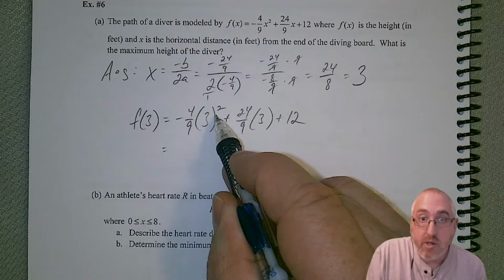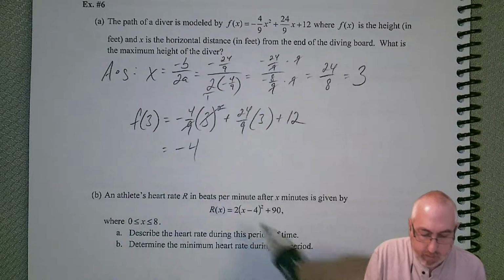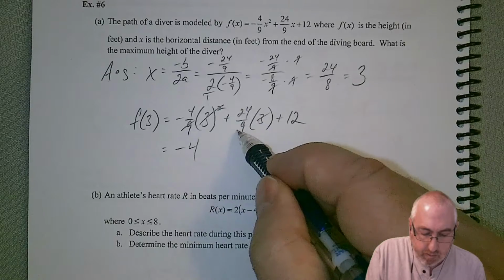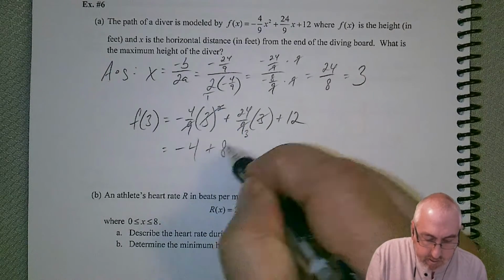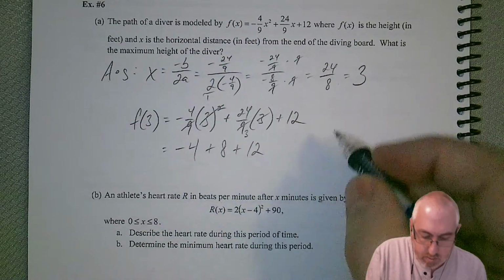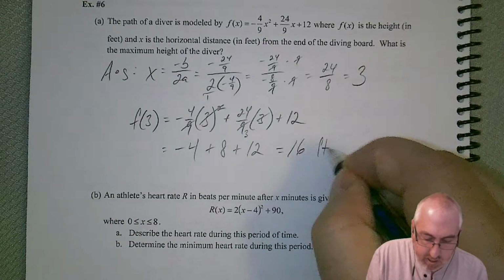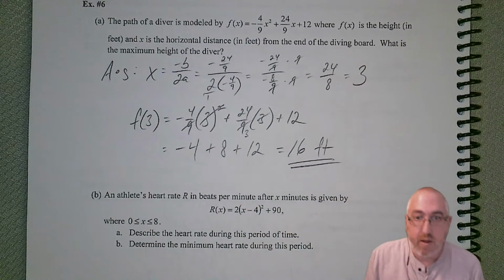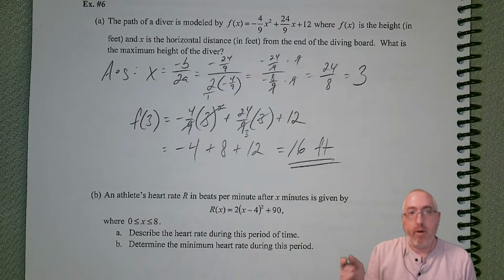Well, 3 squared is 9, so that's going to cancel with this 9, so we get a negative 4. The 3 will cancel with this 9, so we're left with a 3. 24 over 3 better be 8, and then we have the 12. 20 minus 4 is 16, so 16 feet should be the maximum height that diver gets off the diving board.